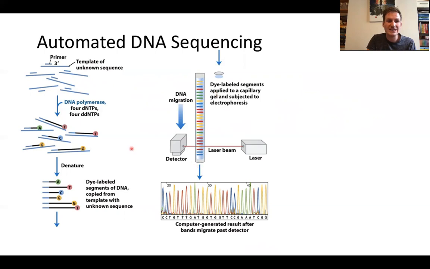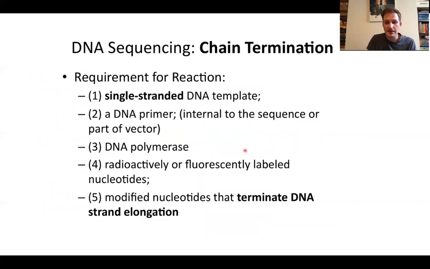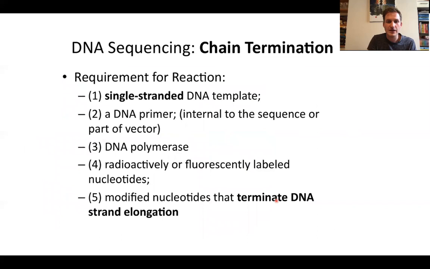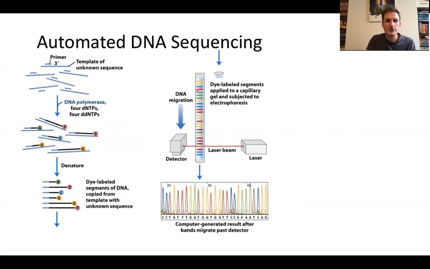What they do is add ddNTPs, so the ddATP, like the adenine missing the hydroxyl oxygen, and the cytosine and the guanine, all in one reaction. But those bases also have attached to them some sort of fluorescent compound that doesn't interfere with the PCR. The PCR can still happen normally, but when you hit them with a laser, the laser will recognize a color instead of a base.